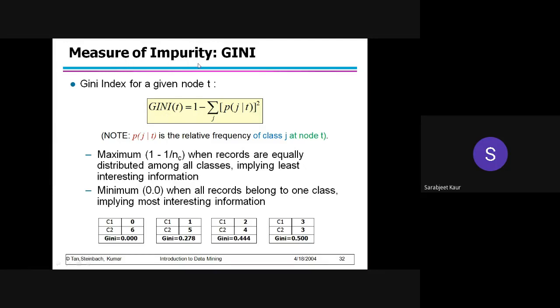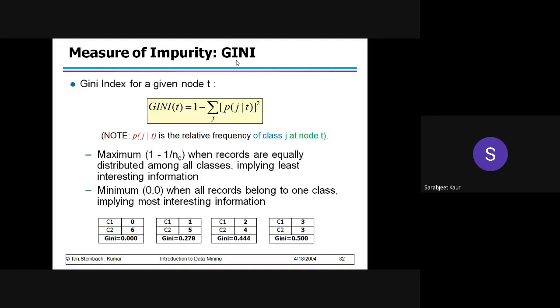It basically measures impurity. You can see that the higher the value of Gini, the more impure that particular node would be, and the lower the value of Gini, the purer that node would be. Typically, a question that is asked is: what is the minimum value of the Gini index, or of entropy, the metric we are going to see next?